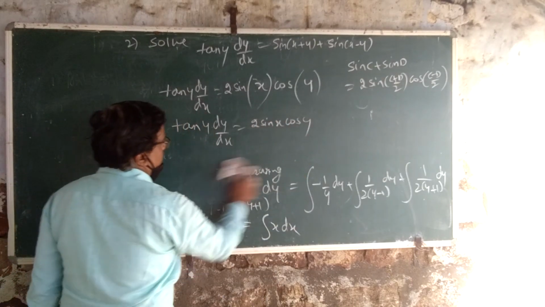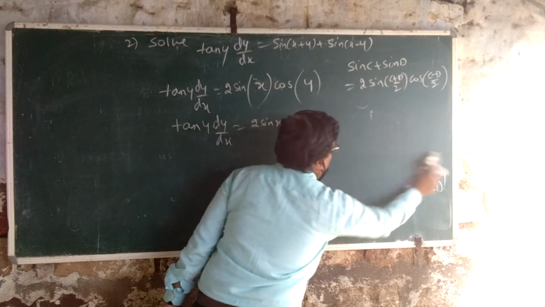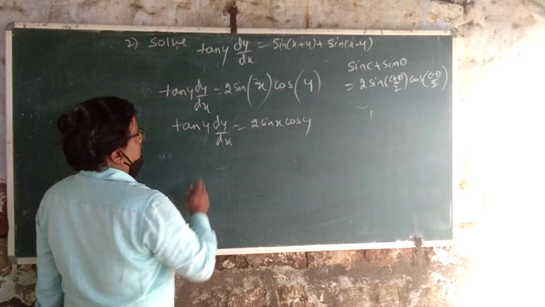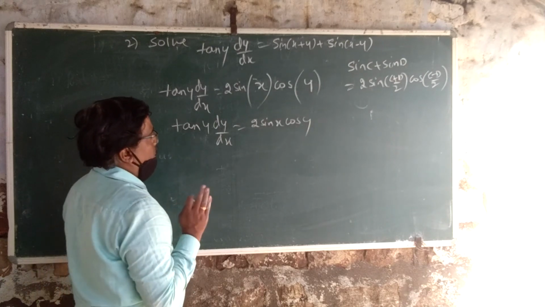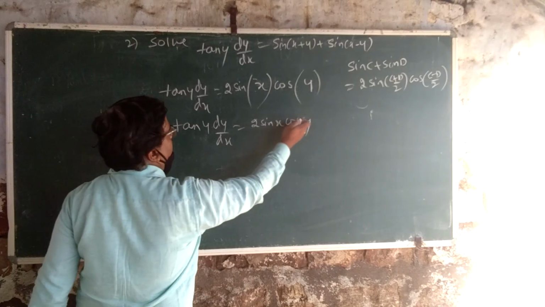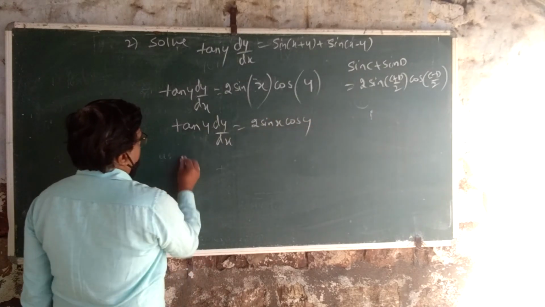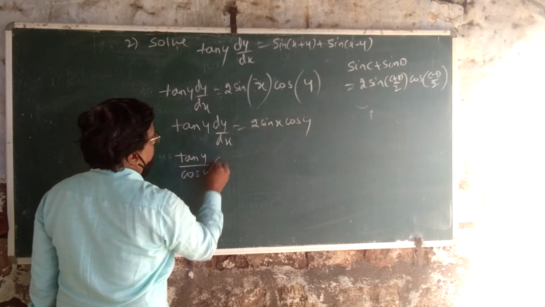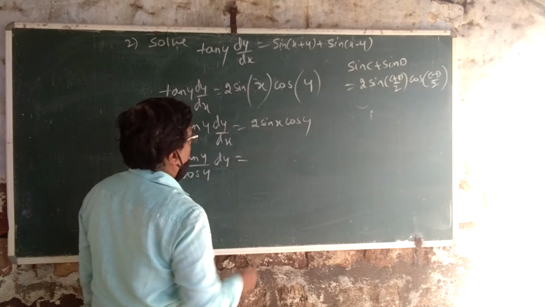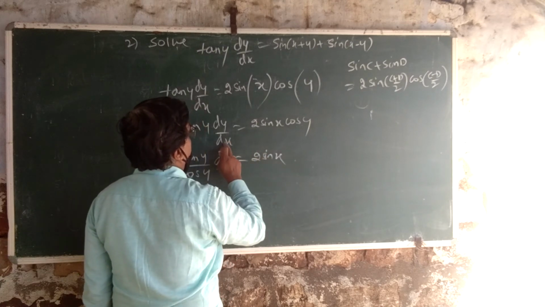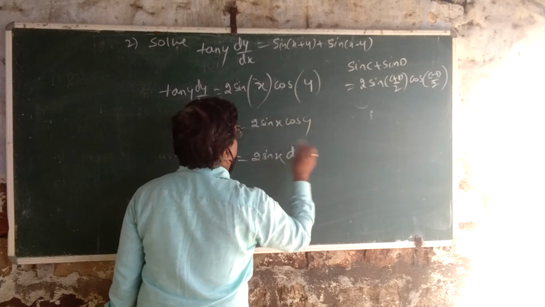Okay, so this is after simplification. Next we make it separable. Now collect y terms on one side, x terms on the other side. So we divide throughout by cos y. So then we get tan y by cos y dy is equal to 2 sin x as it is. Next cross multiply this dx here. So 2 sin x dx.